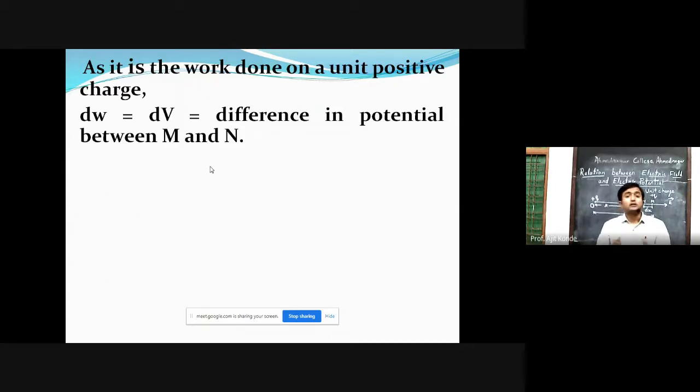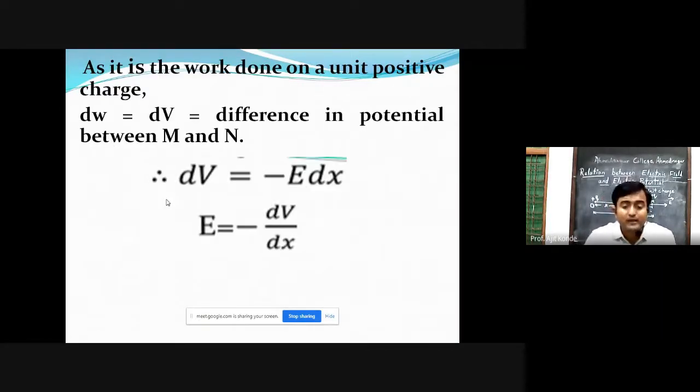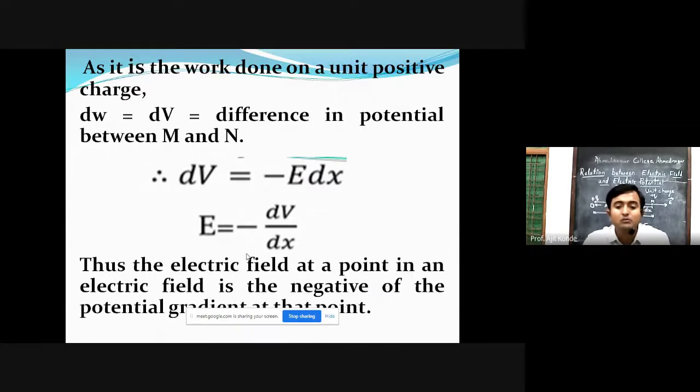Therefore, work is electric potential because we have unit positive charge. dW can be written as dV. Therefore, we know the value. This will be dV is equal to minus E dx. If we transpose this dx to left hand side and this minus sign, E is equal to minus dV by dx. By this, what can we say?